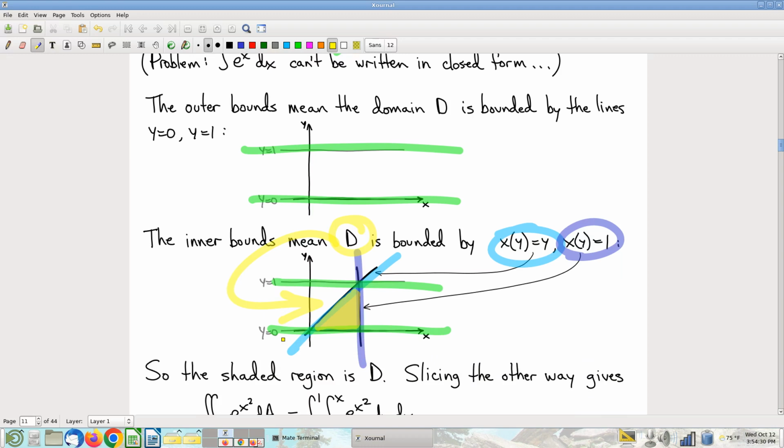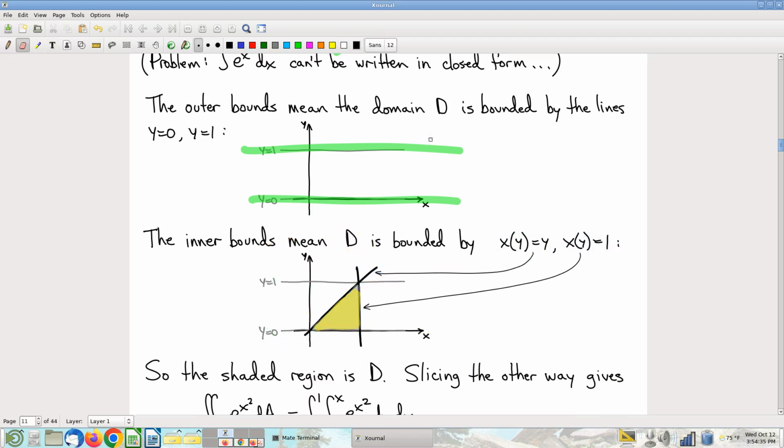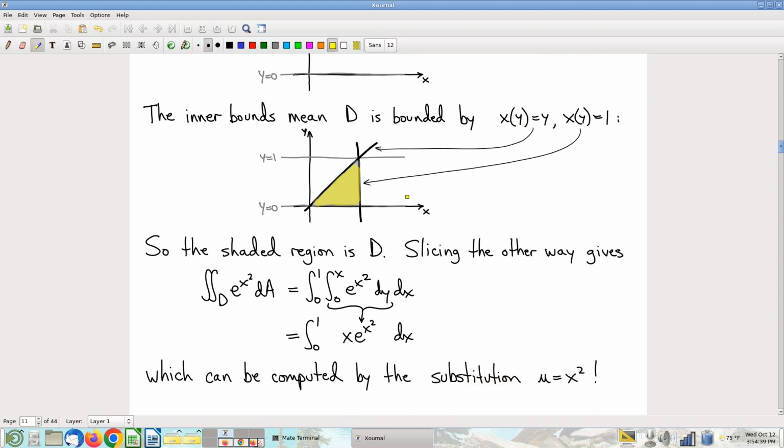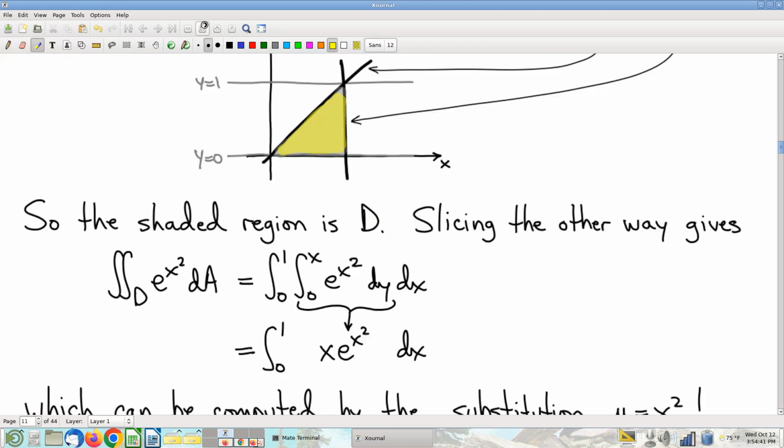Once you have the domain for the double integral, then you can slice it however you want. We're going to slice it however we want. I'm going to slice this now in the other order. I'm going to slice first x.